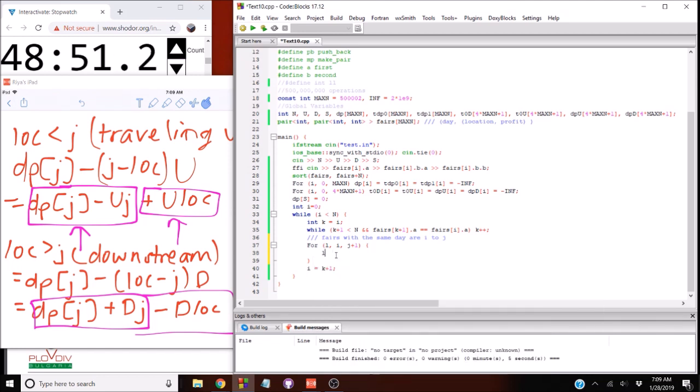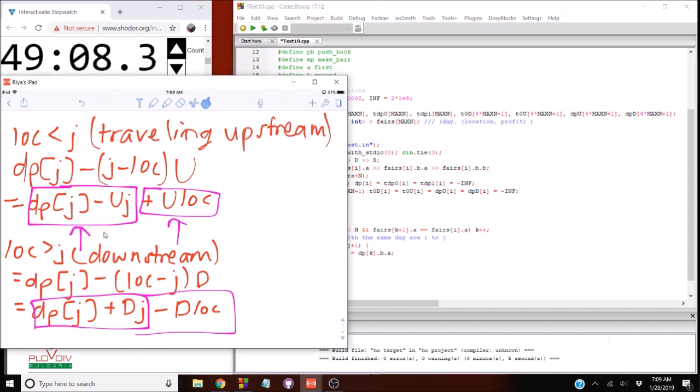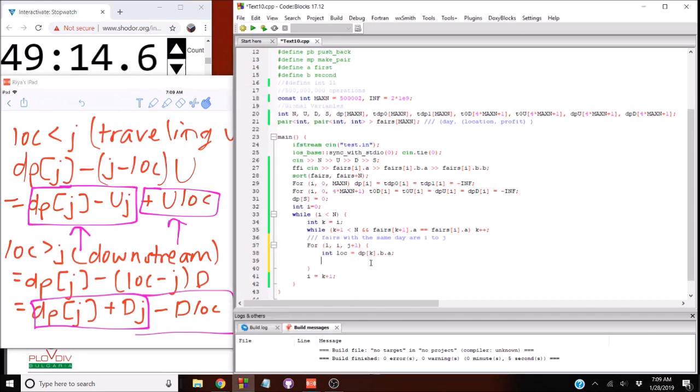Okay, location, lock equals dp l dot b dot a, and then I want to get the max value of, for all j that is greater than location.